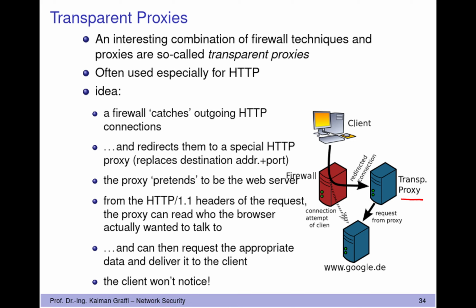So what is done by these transparent proxies is that a proxy is set up, maybe also some of the clients are configured to use the transparent proxy, but the clients are not trusted to update their configuration. You want to enforce that the client communication for HTTP, for example, always passes the proxy, but you do not trust the client to have configured his system correctly.